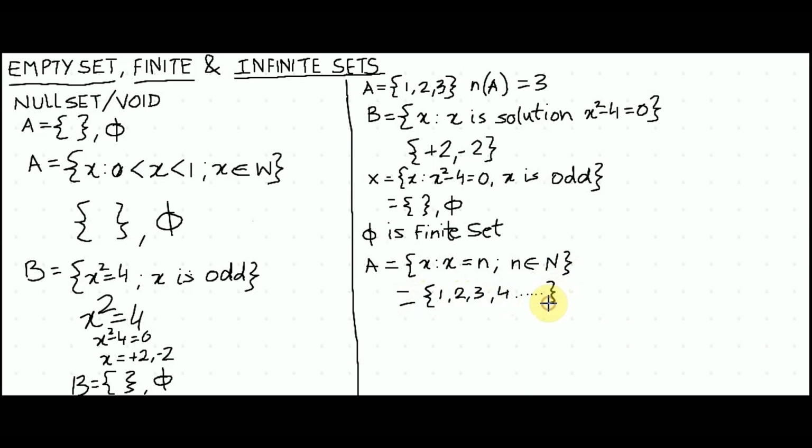Here the number of natural numbers is infinite, because infinite means we cannot count. There are no countable digits over here. Such kinds of sets are categorized as infinite sets, as the name suggests, right? So we can say that it is an infinite set.